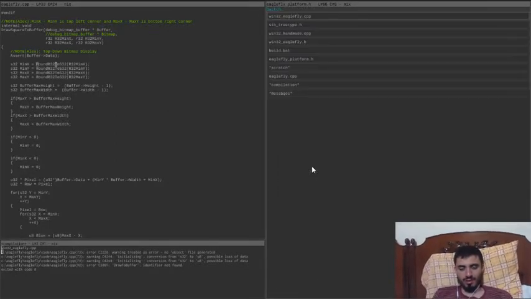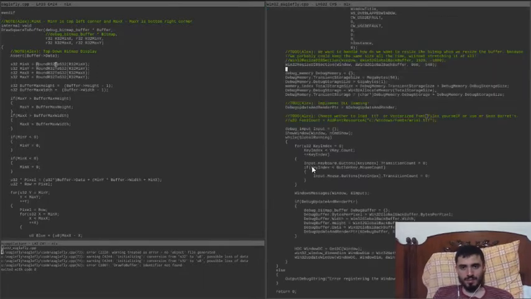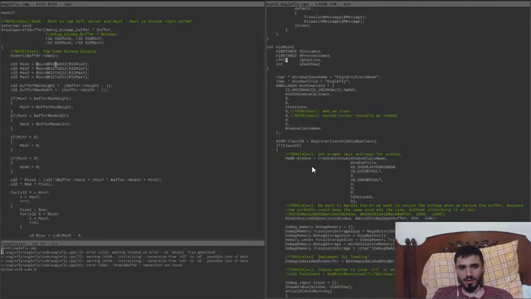Let's say for now, I mean, we're gonna test it, but let's say for now that we have a positive buffer so that we see things a little bit clearer. So instead of this, we have a positive buffer.